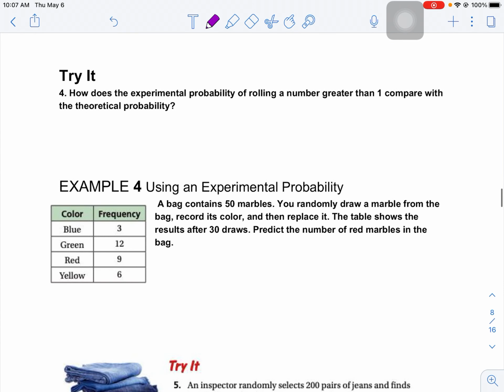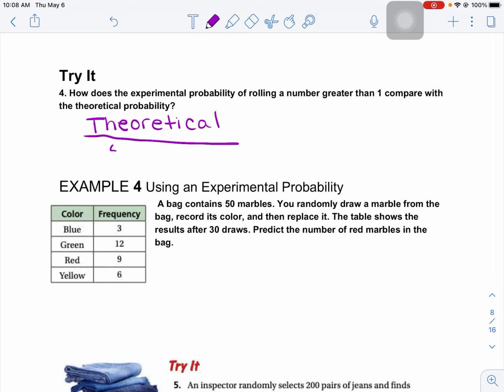All right, so let's try another one. So this says, how does experimental probability of rolling a number greater than 1 compare with the theoretical probability? Okay, so same idea. So if we looked at the theoretical probability, theoretically, if you're rolling greater than a 1, you can roll a 2, a 3, a 4, a 5, or a 6.